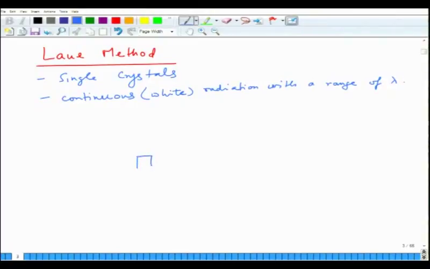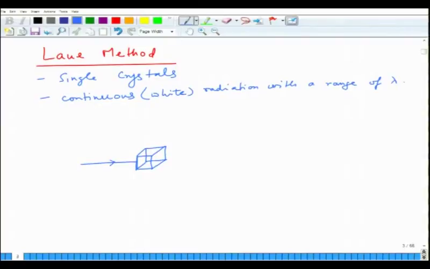Basically what happens is that you have a crystal like this, and this is a single crystal in fixed orientation. A single crystal will have planes at different angles.